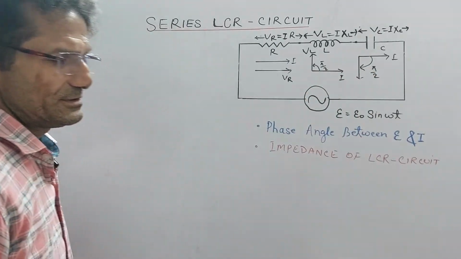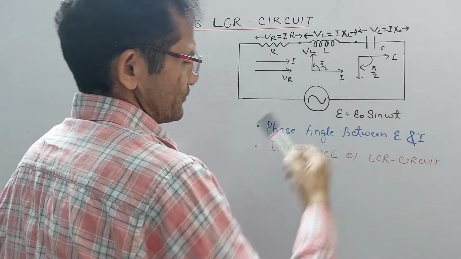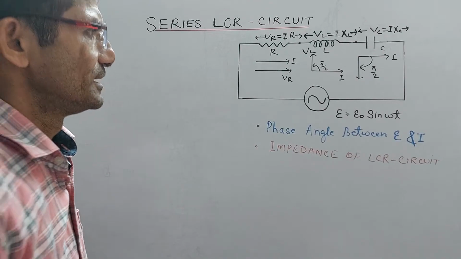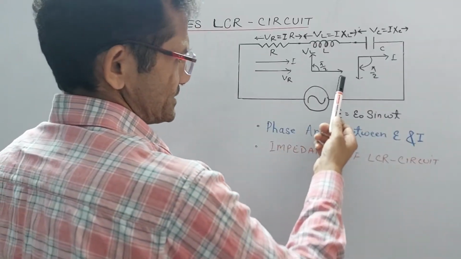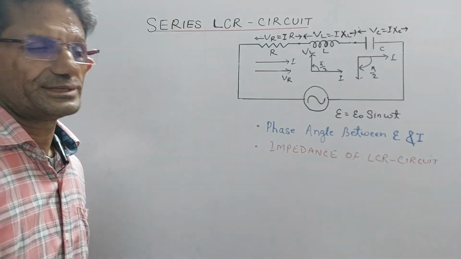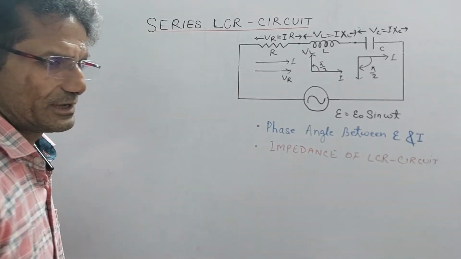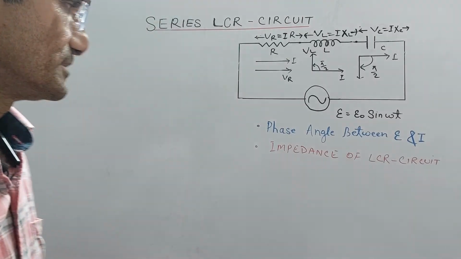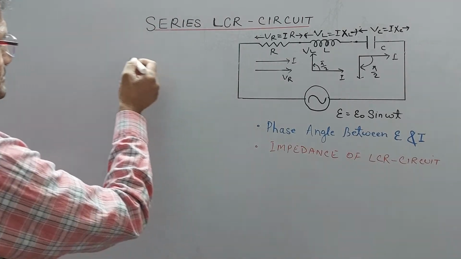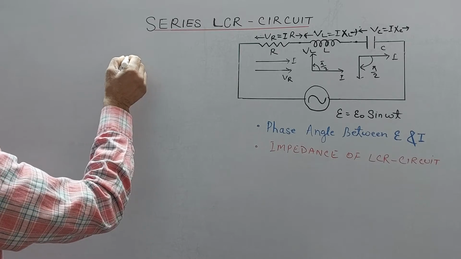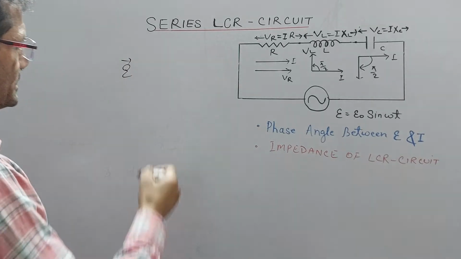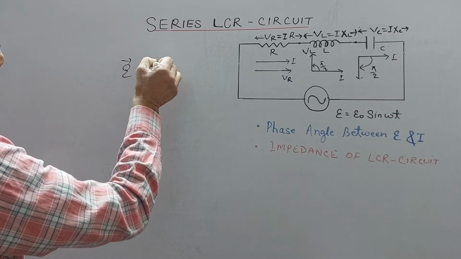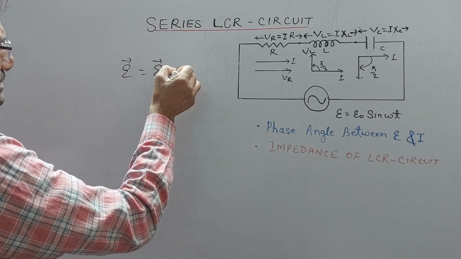Let us find out the phase relationship as a whole. We already know that we are supposing current and voltage as phasor vectors. In phasor vectors, we use the vector sum for the addition of any vectors. So here the applied voltage E is equal to the voltage across the resistor plus the voltage across the inductor and capacitor.